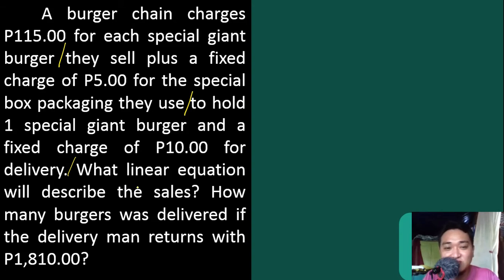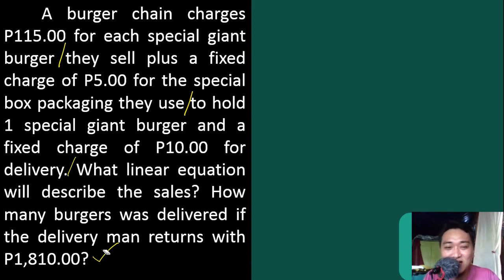So, again, ang tinatanong po kung ano yung magiging linear equations natin, and what is most surprising is that there's a twist in the last question. Ano yung twist doon? Yung delivery man, pagbalik niya sa station, ang daladala niyang pera is 1,810. The question is, ilang burger yung dineliver niya?